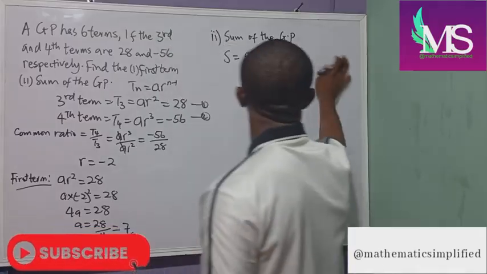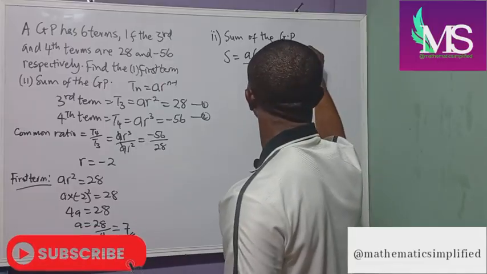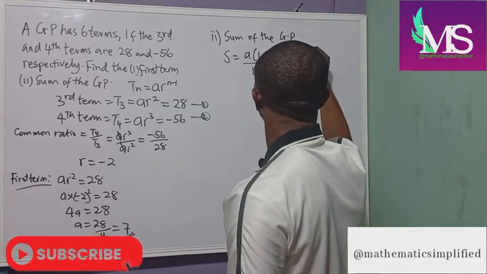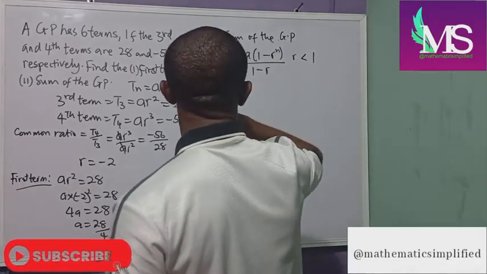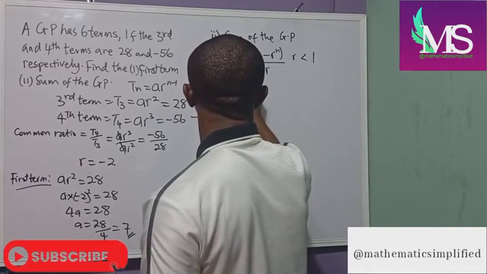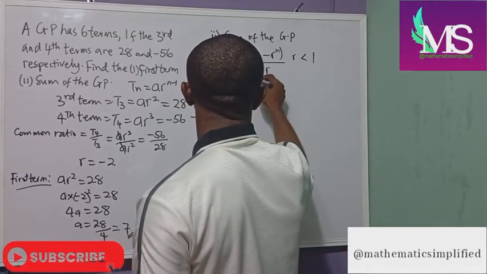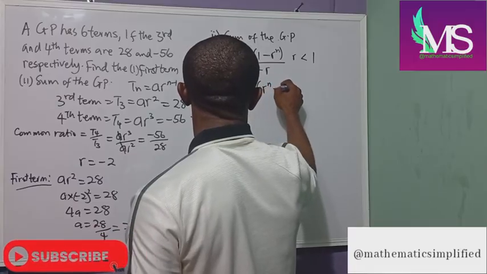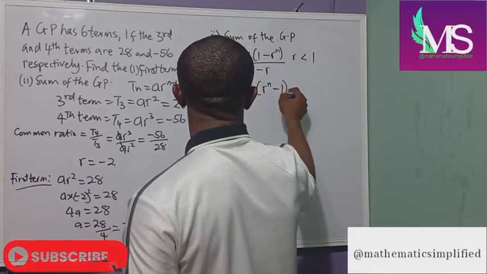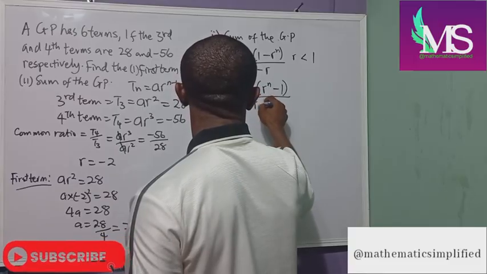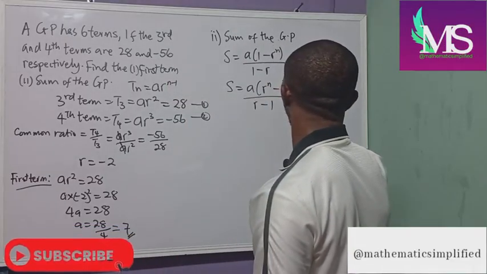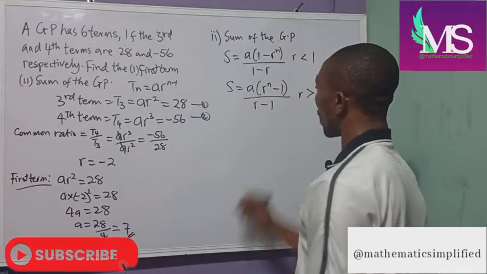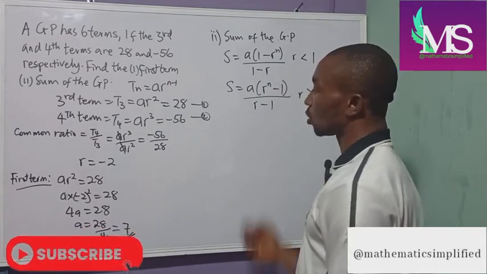This is for when r is less than 1. And we have the second one, S equals a bracket r raised to power n minus 1, all over r minus 1. This is for when r is greater than 1. So it is important to note this.